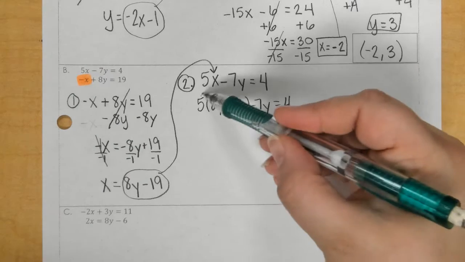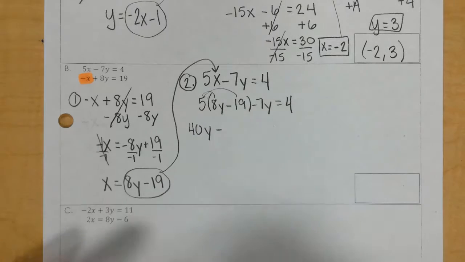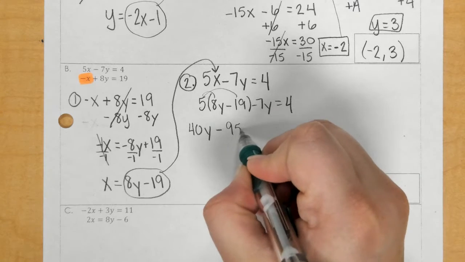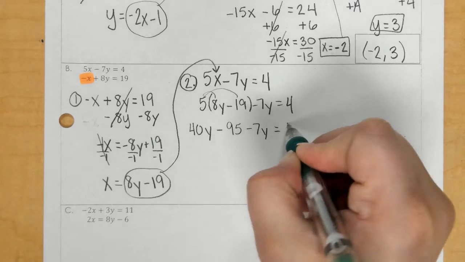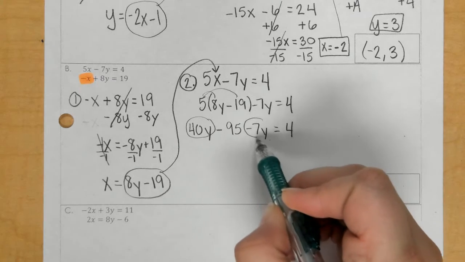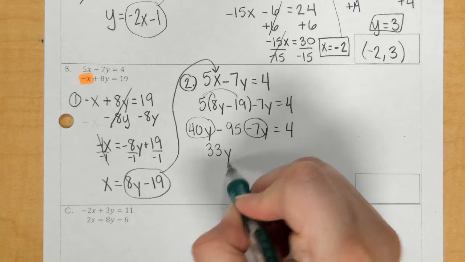So now we distribute our 5. And then let me calculate 5 times 19. So 5 times negative 19 is negative 95. If we combine like terms, 40 minus 7 is 33y.